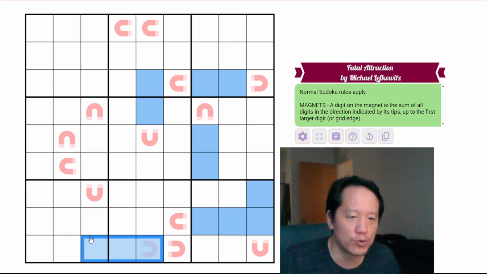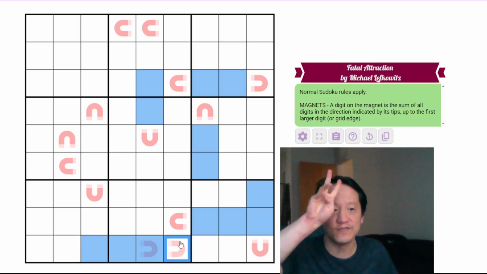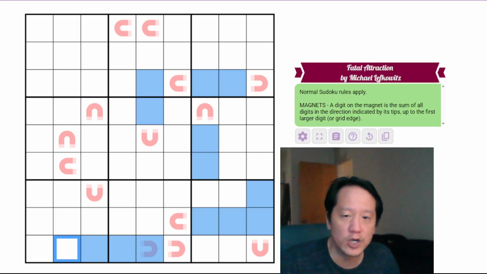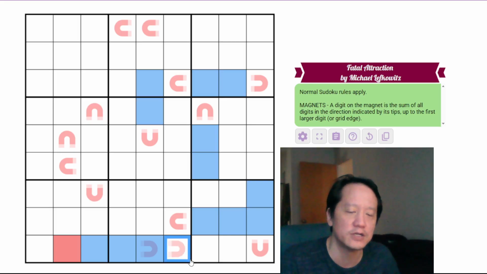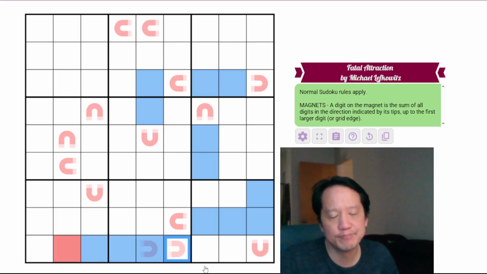You can't have 4 digits adding up to a single digit, because the minimum of 4 digits is 1, 2, 3, 4. So therefore, we are guaranteed this digit must be higher than this digit here. These 2 digits are smaller than this, this digit is smaller than that, therefore all 3 of these are smaller than this cell. And since we have 3 cells here, this digit must be greater than that.